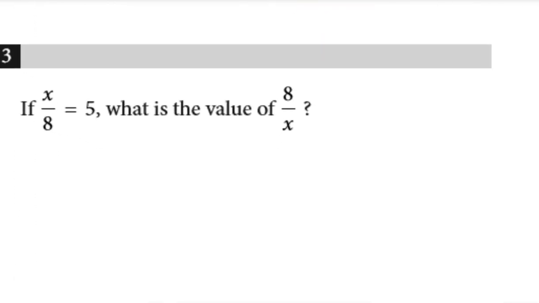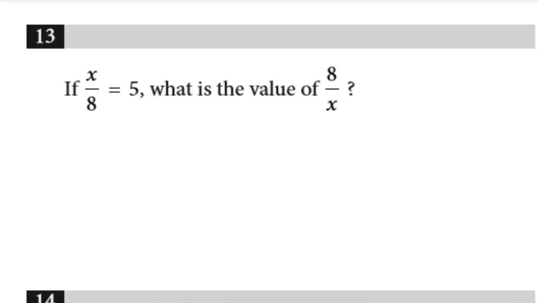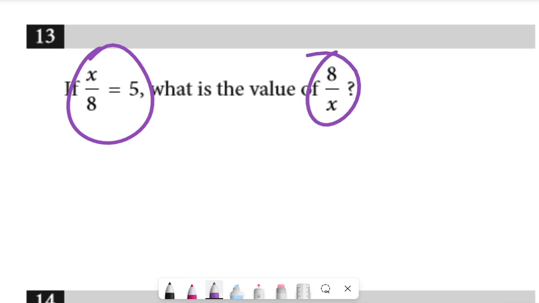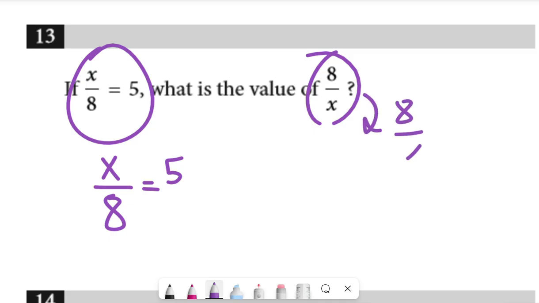What do we have over here? If x over 8 is equal to 5, what is the value of 8 over x? x over 8 is equal to 5, and the question says, what is 8 over x? We can say that 5 was actually 5 over 1.